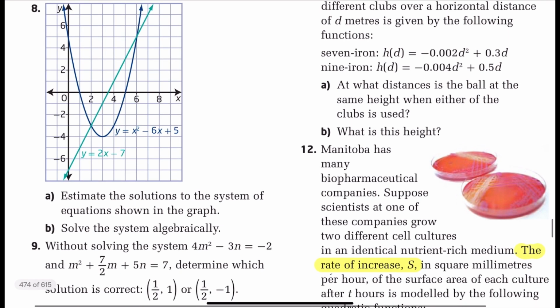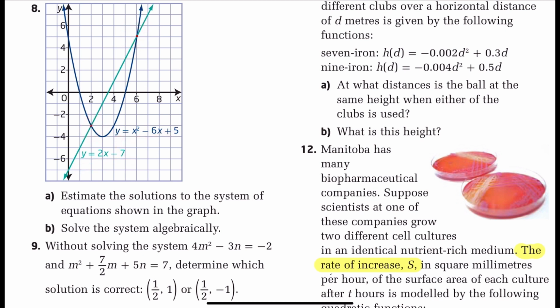Second question, solve the system algebraically. To do this, we use the fact that where they intersect, both equations are equal, so this y is equal to this y.